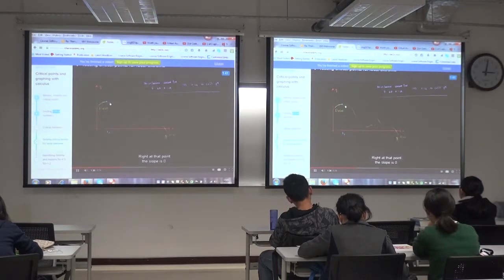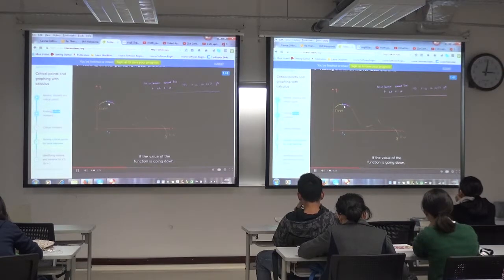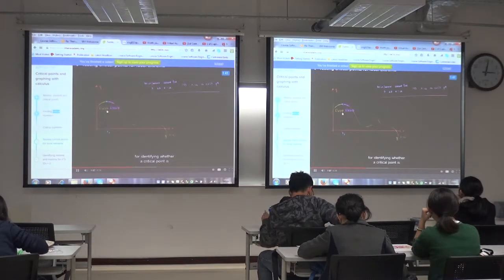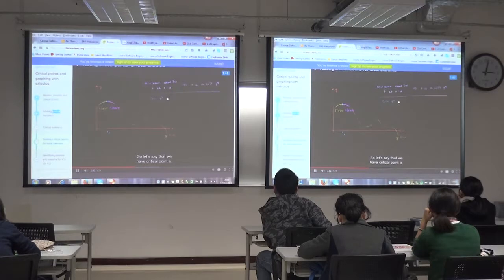Now what happens as we pass that point? Right at that point the slope is 0, but then as we pass that point, what has to happen in order for that to be a maximum point? Well, the value of the function has to go down. If the value of the function is going down, that means the slope is negative. And that's another way of saying that the derivative is negative. So that seems like a pretty good criteria for identifying whether a critical point is a maximum point. So let's say that we have critical point a.